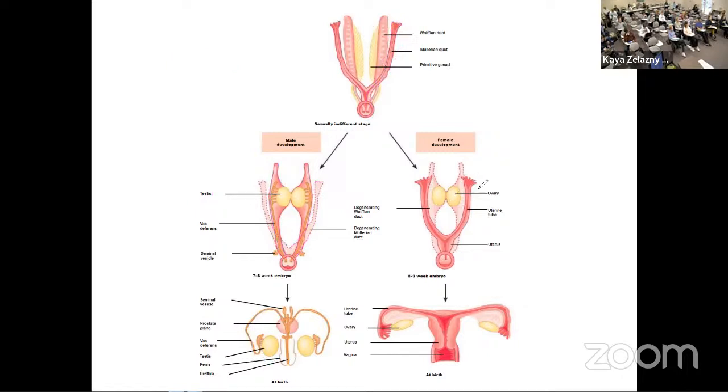Okay. On the other side, if we don't produce those hormones, we just go with our Müllerian ducts. So we can see the Müllerian duct from here, right, this one, is now beginning to develop some more female anatomy, right?